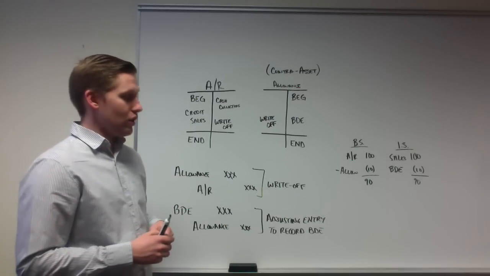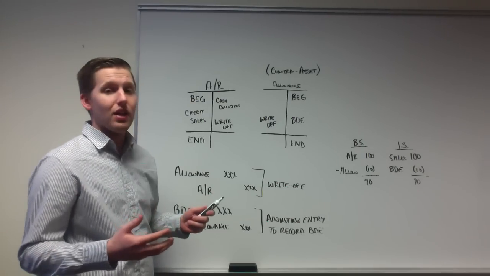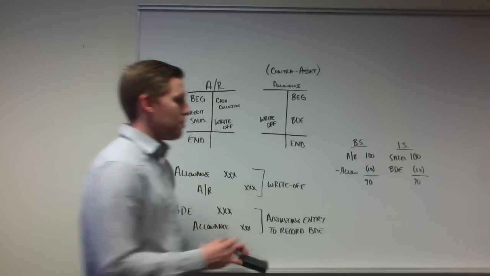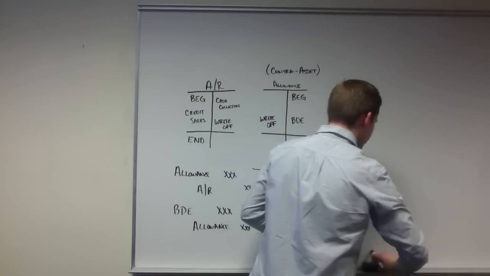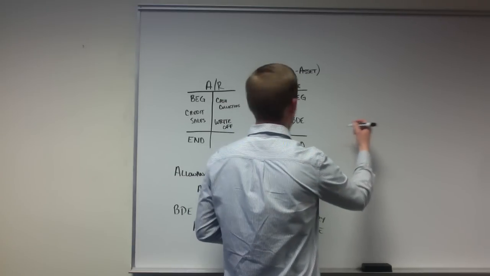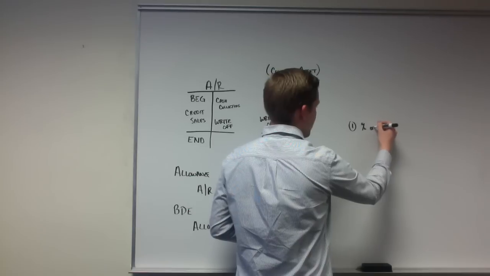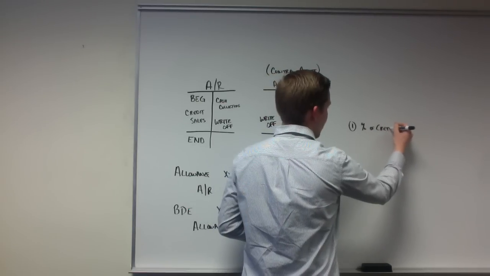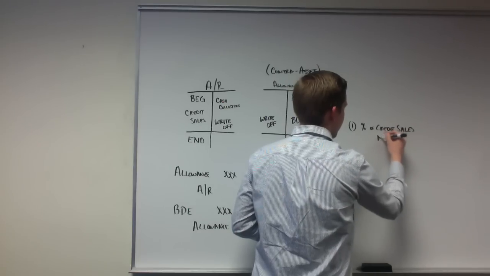So what we have to do is have a way of making those estimates, and there's two main ways to do that. The first way is we use something called the percentage of credit sales method.